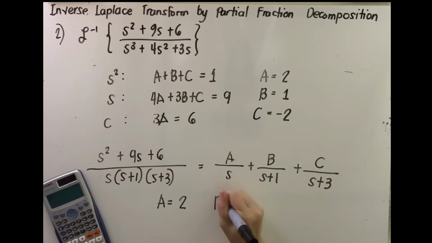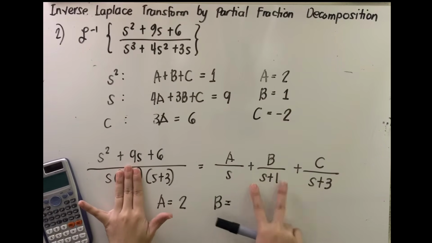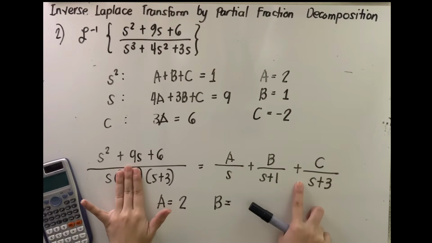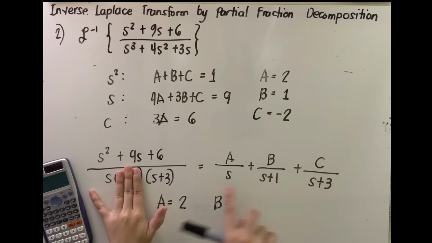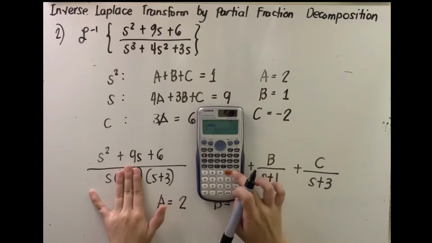Next, if I'm going to solve for B naman, since ang denominator ng B ko sa right side is S plus 1, I'm going to cover S plus 1 here. And then, S plus 1 will be equated to 0 para makuha ko si negative 1, the value of my S. So, my S will be negative 1. I'll substitute negative 1 here. If you want, you can use your calculator for that.